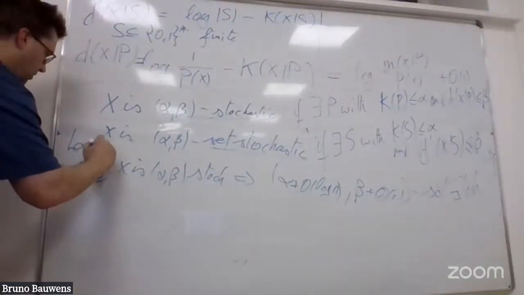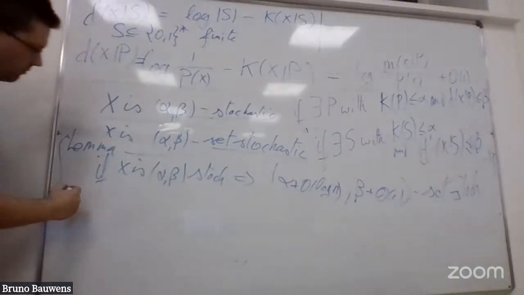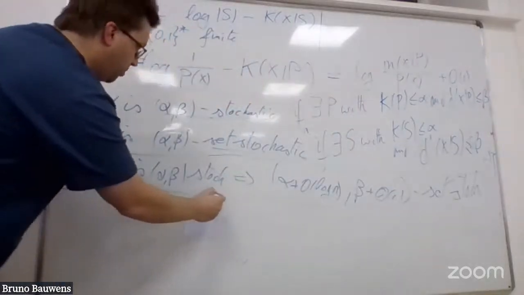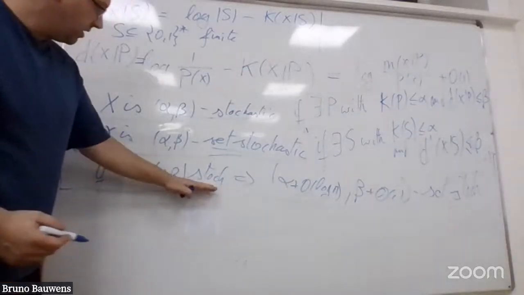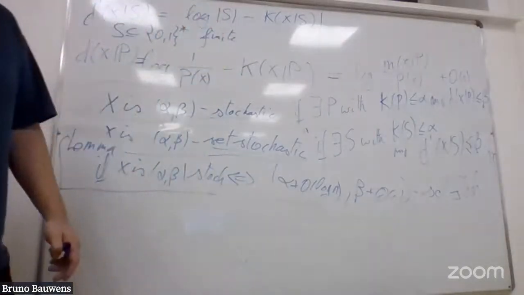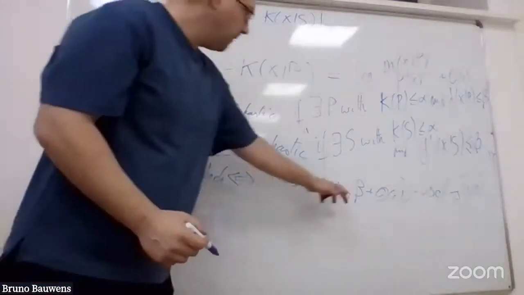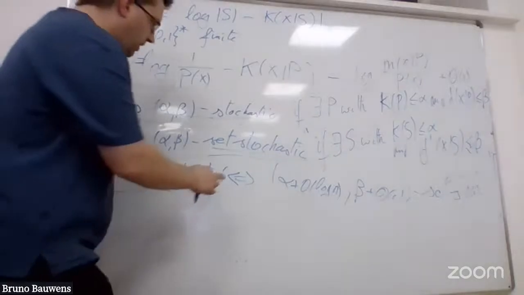Here it is. Okay, and so one direction already follows from the proof. When we have standard stochastic, so if and only if, sorry. So if we are set stochastic, yeah, I need to write both directions.